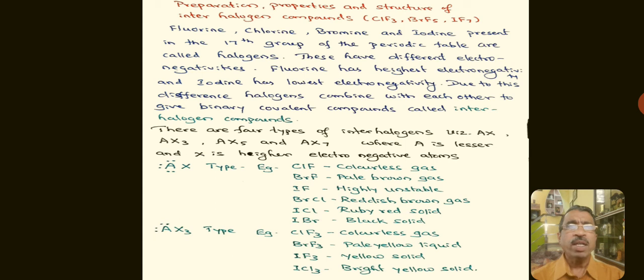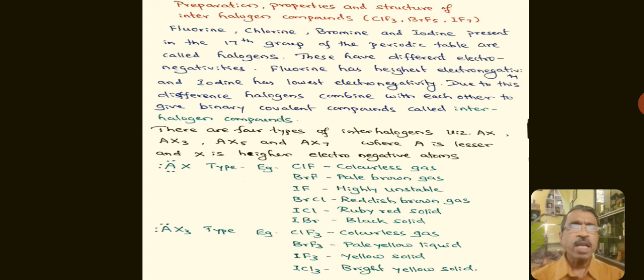These have different electronegativities. Fluorine has the highest electronegativity and iodine has the lowest electronegativity. Due to this difference, halogens combine with each other to give binary covalent compounds called interhalogens.